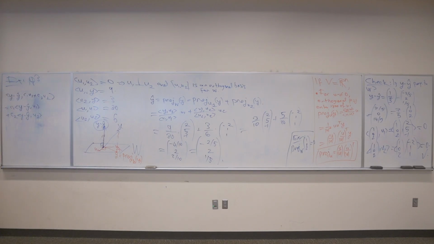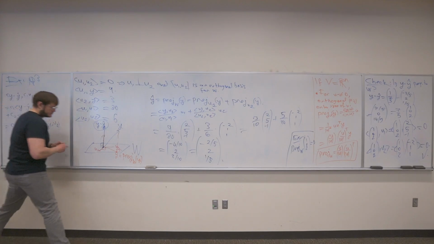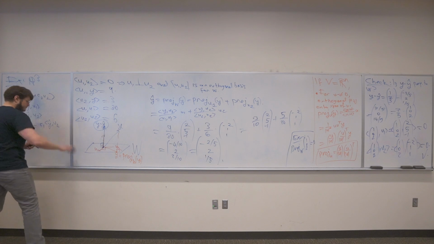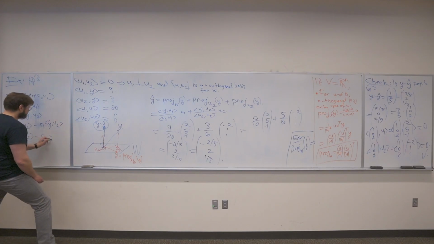But then for a fixed vector in the second coordinate, the dot product is linear in the first coordinate, so I can distribute once more. And then here I have plus C2 y against U2 minus C2 y hat against U2.